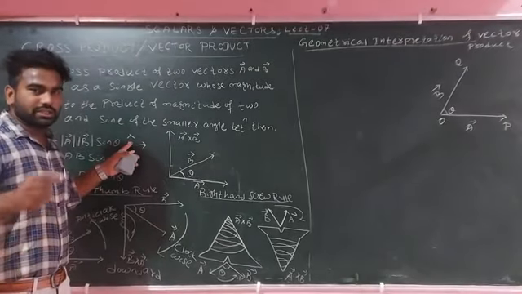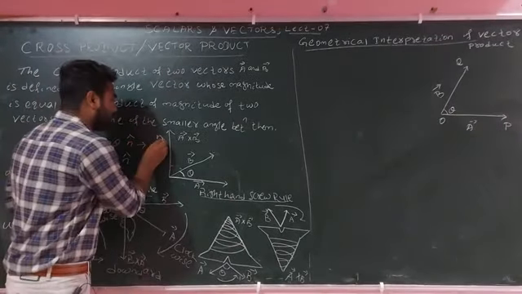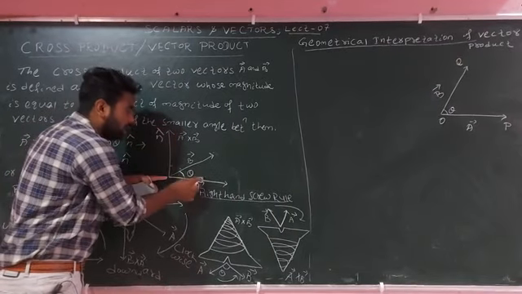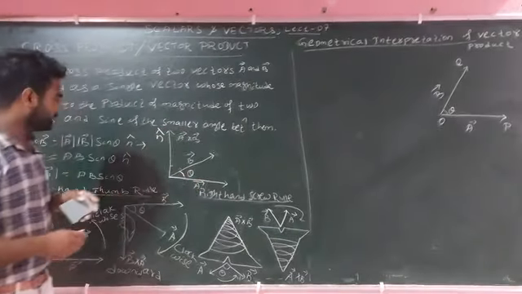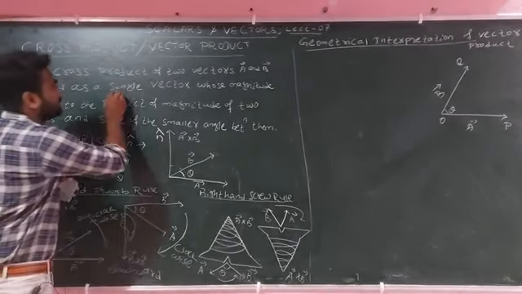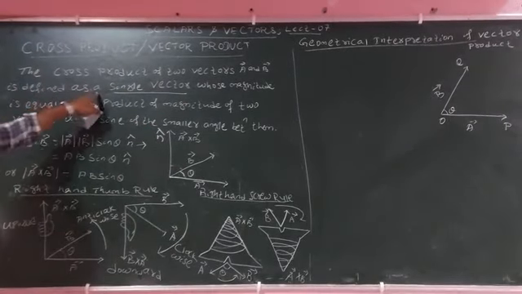n cap is the unit vector which is perpendicular to the plane containing vectors A and B. A cross B is also a vector, so it is defined as a single vector.